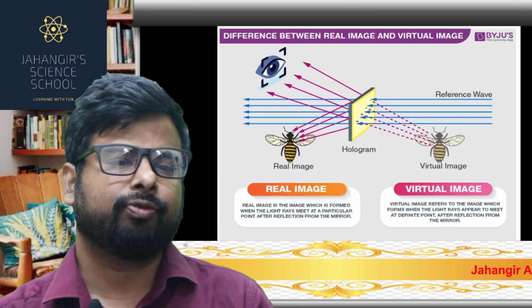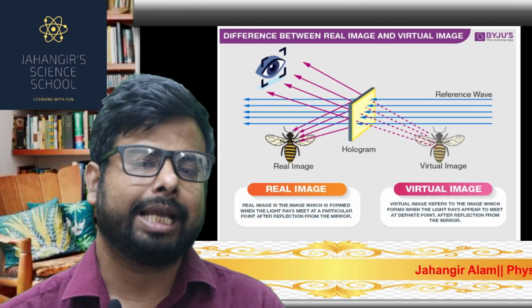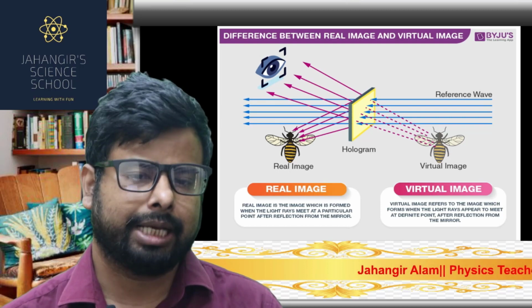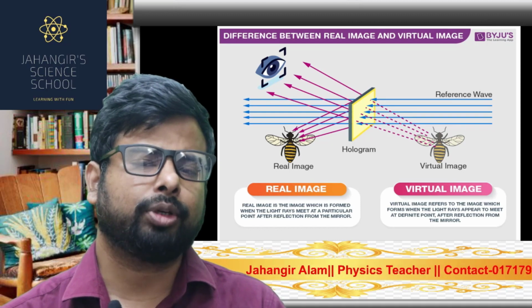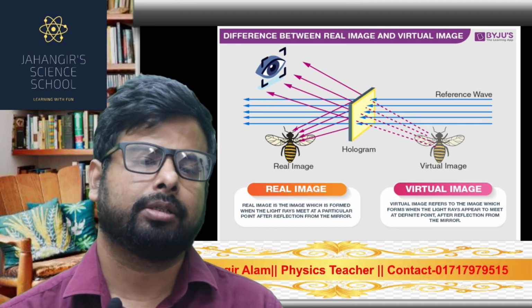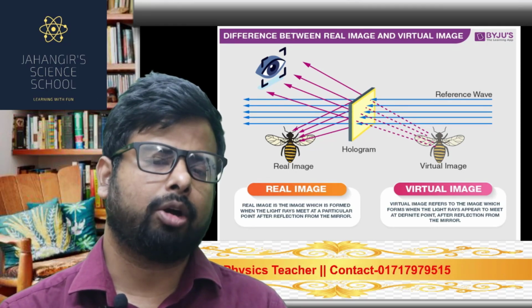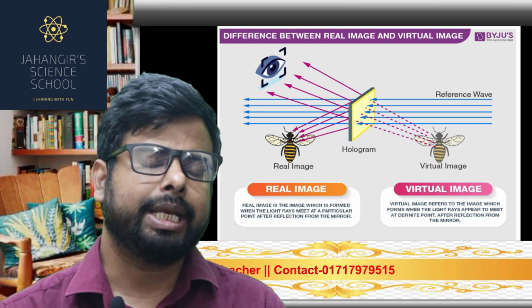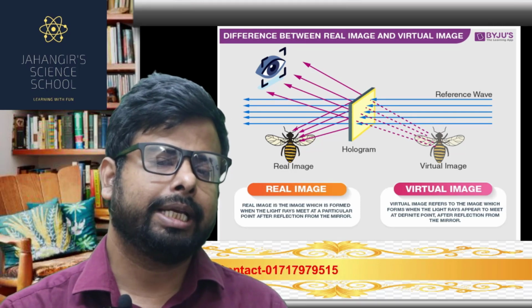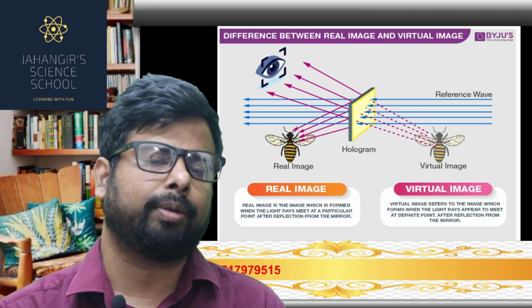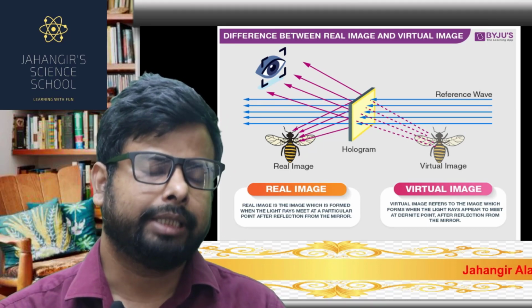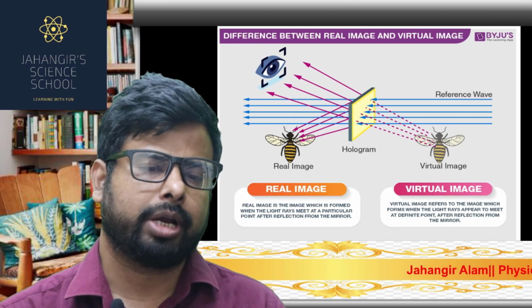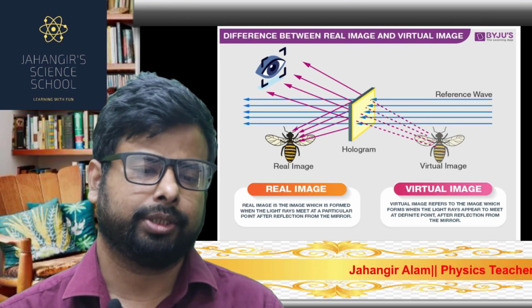Virtual, what is virtual? Difference between real image and virtual image. First we have to learn what is an image. When reflected or refracted rays meet at a second point, or it seems to us that they appear from, diverge from, or converge to a second point, then this second point is known as the image of the first point.